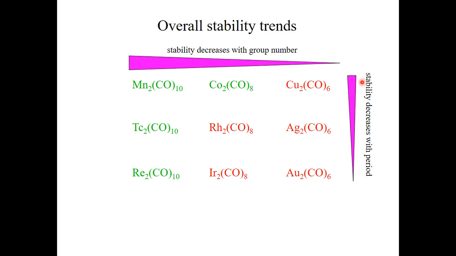So again, we see stability decrease also for the higher homologs of the metals. So as the period increases, the stability also tends to decline because the large metal orbitals don't overlap so effectively anymore with the relatively small HOMOs of the carbonyl ligand. So this explains the instability of the rhodium, iridium, copper, silver, and gold carbonyls.